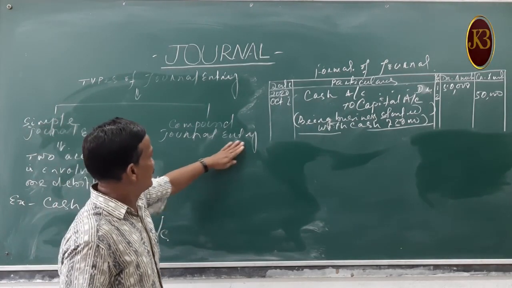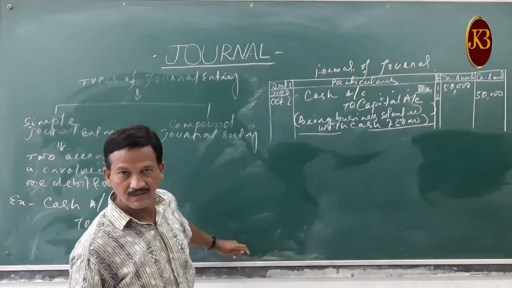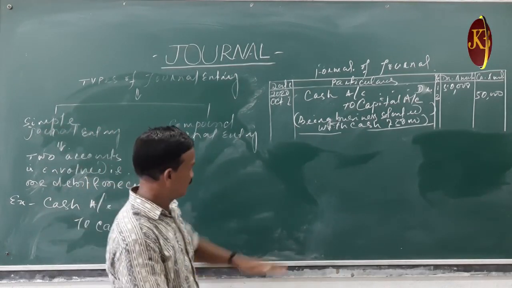When the transaction involves more than two accounts, then it is called a compound journal entry.